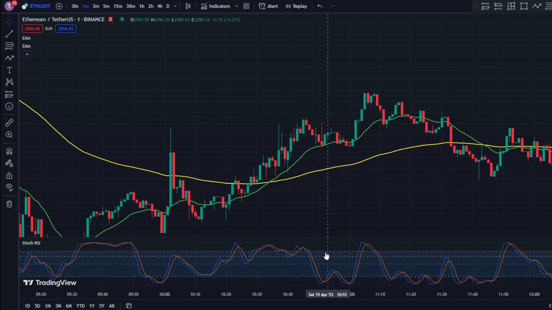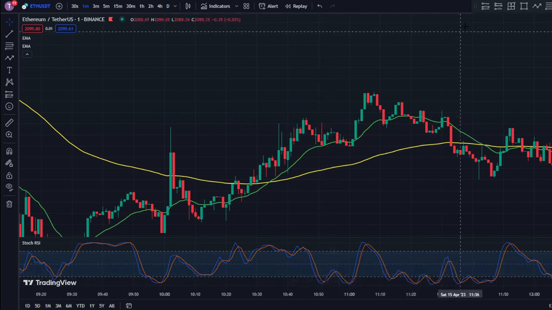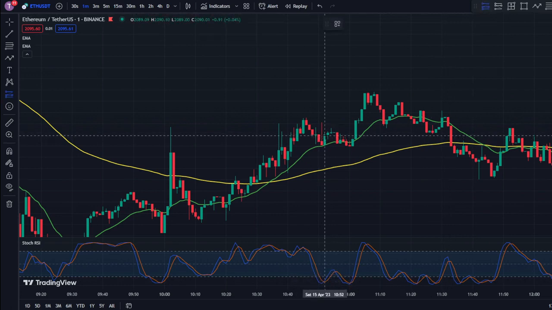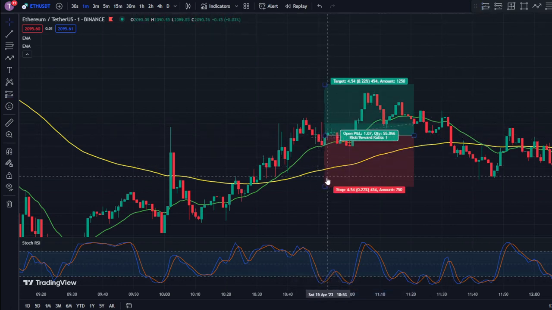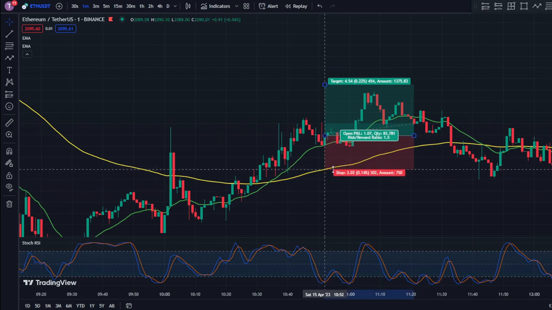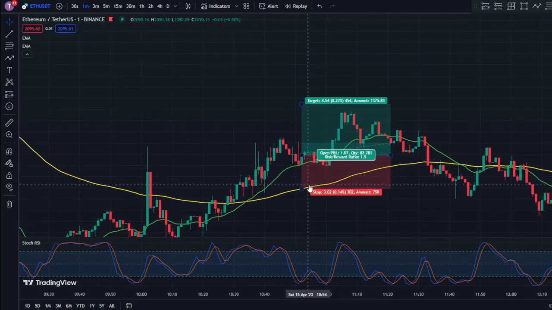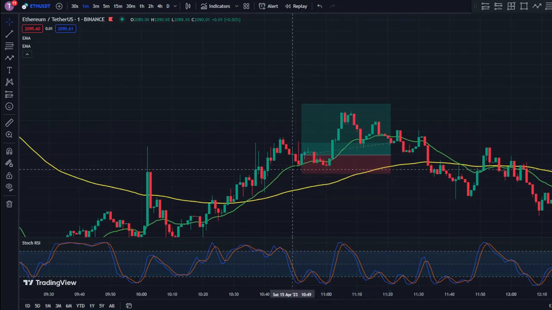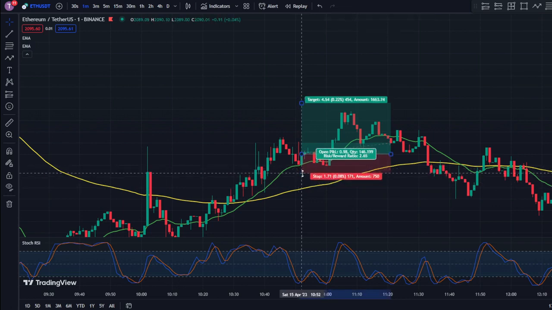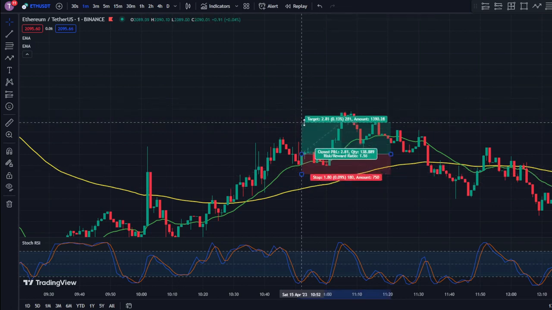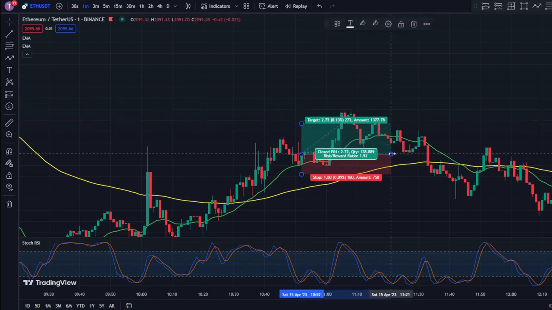Next, you see we have a crossover of the blue line above the orange line, and that crossover happens below the 20 value area, below the shaded area, which makes it a valid position. Once that crossover happens, you want to take a long position on that candle. Stop loss goes at the yellow EMA in this case, or you can move it right below the candle itself, and you can aim for 1.5:1. That will be a winning trade.